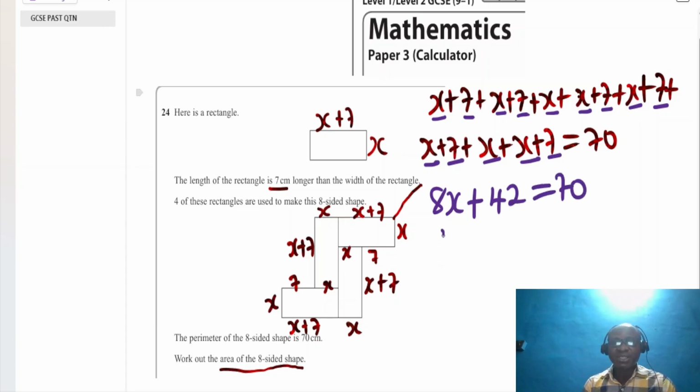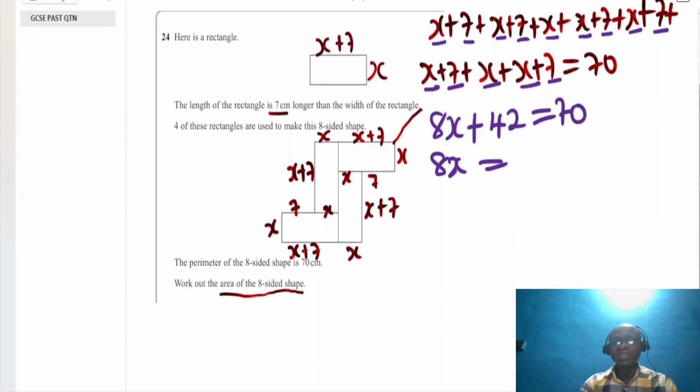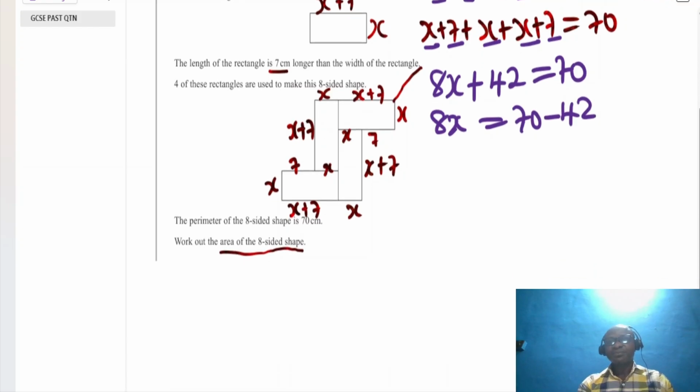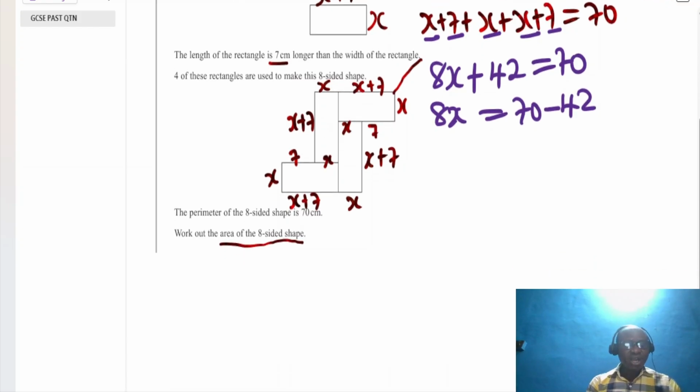At this point, 8x plus 42 is equal to 70. Now, 8x is equal to 70 minus 42, subtract 42. When I do 70 minus 42, that is going to give me 28.